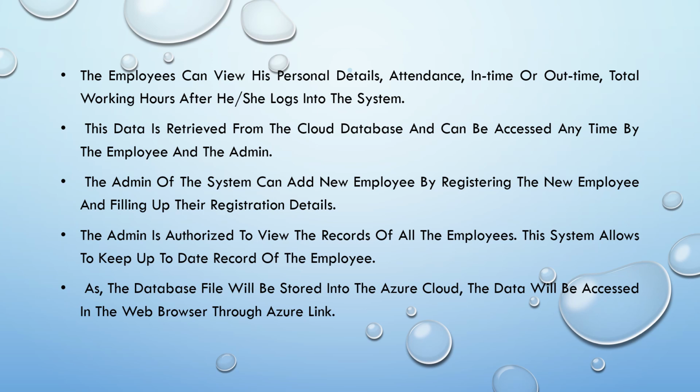The admin is authorized to view the records of the whole system, and the system allows keeping an up-to-date record of the employees. Now, the database file will be stored in the Azure cloud. Also, the data can be accessed in a web browser through an Azure link.